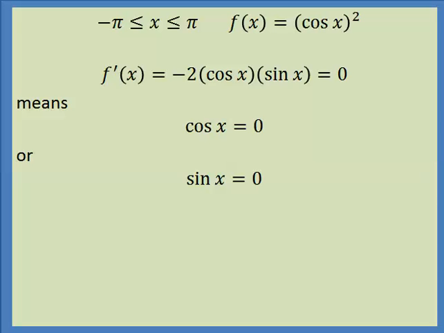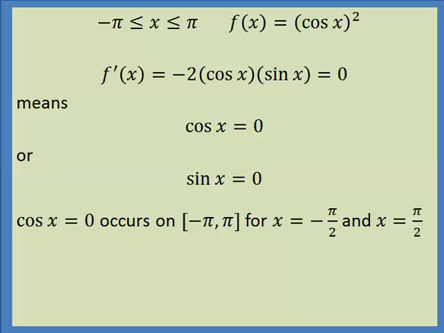Using the zero product rule, a product is equal to 0 if and only if one of the factors is equal to 0. So if f prime is 0, then either cosine x is equal to 0 or sine x is equal to 0. If cosine of x equals 0, then x has to be negative pi over 2 or pi over 2.